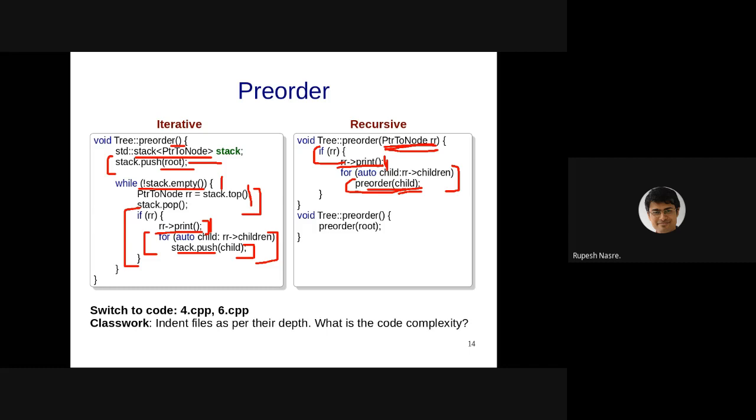But now I am doing some for loop per node, right? And that for loop is going to go over its children. Number of children could be arbitrary, right? So we didn't say that it has a limit, and therefore, won't there be some higher complexity than order n for this recursive pre-order code?